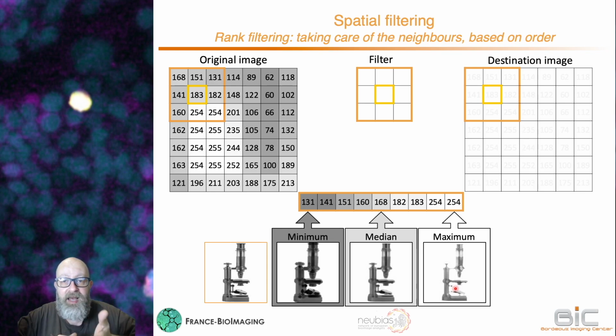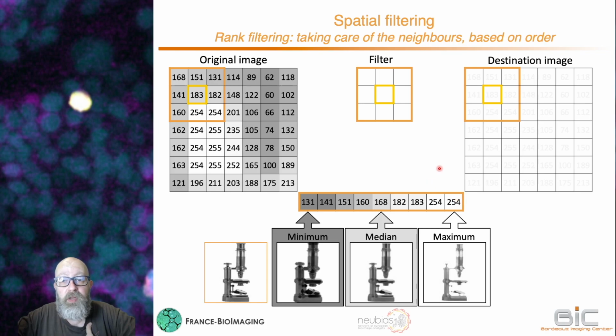There is a second class of filters that you could use. These are called the rank filters, where instead of applying coefficients, what you will only consider is a neighborhood. You will collect all the pixels within the neighborhood, and you will rank them from the lowest value to the highest value.